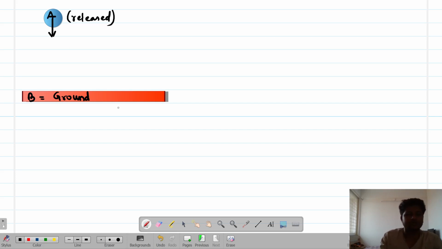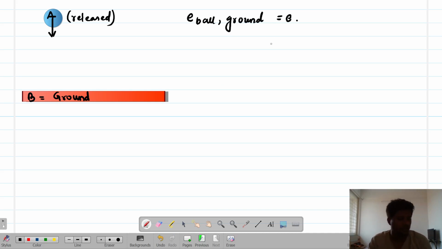Let's suppose the coefficient of restitution between the ball and the ground is given as E only. Are you able to get me?